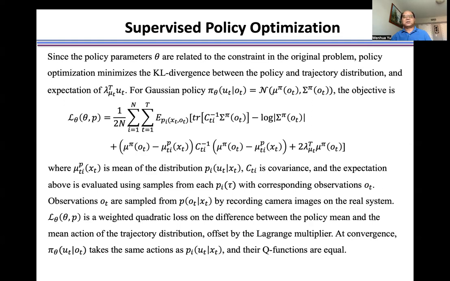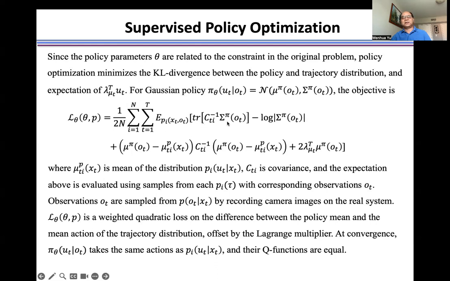We assume both the controller and the policy we learn are Gaussian distributions, so we can express the Gaussian policy with the mean and covariance. Based on this, we can express the objective function for the policy parameter theta.